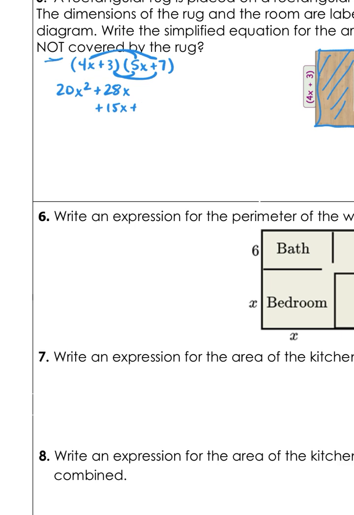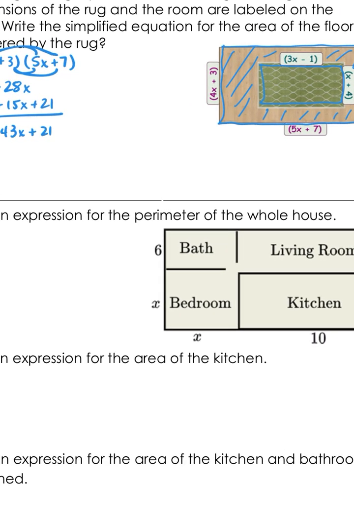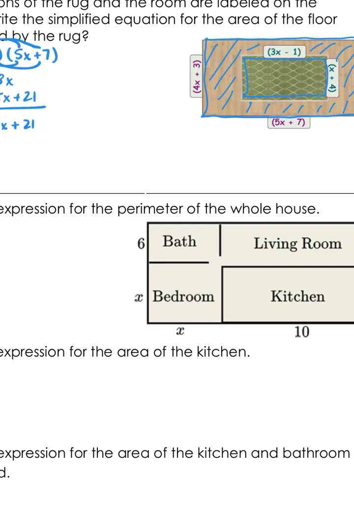And this is going to be 21. So the area of the whole thing is 20x squared plus 43x plus 21. And then the area of the rug is 3x minus 1 times x plus 4.